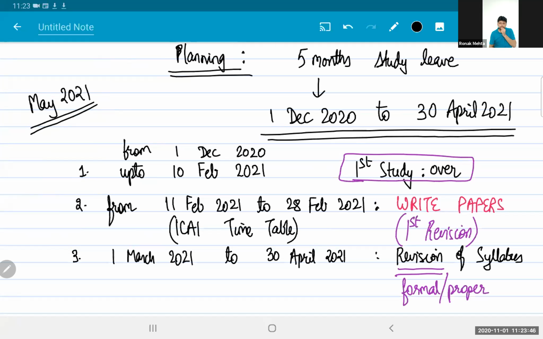That will give you enough time to write papers comfortably and assess yourself, and then you will have 2 months to revise. March and April, you have 61 days effectively.